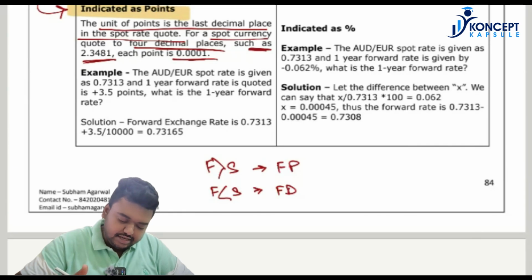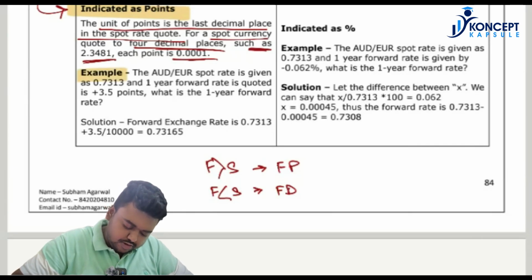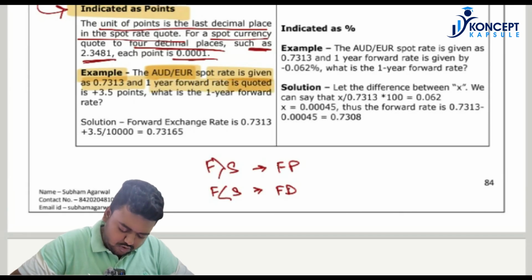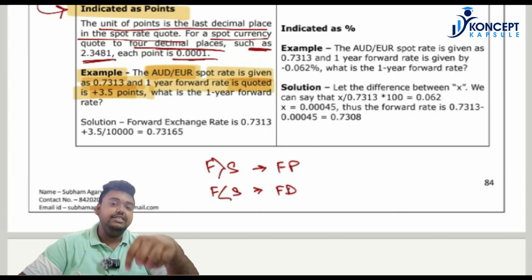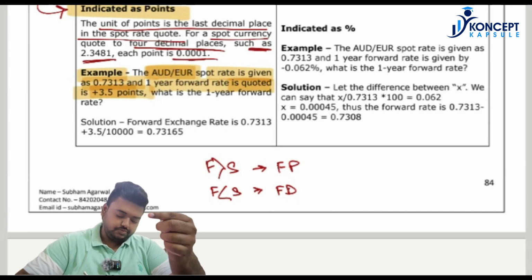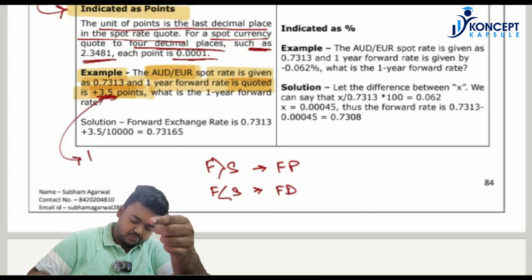One example is given over here. The AUD/EUR spot rate is given as 0.7313 and the 1 year forward rate is quoted at plus 35. What is plus 35? Since it is plus 35, it is forward premium.